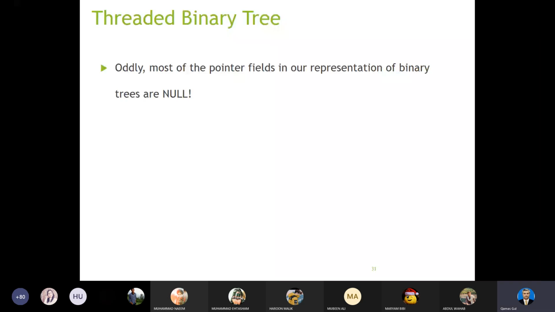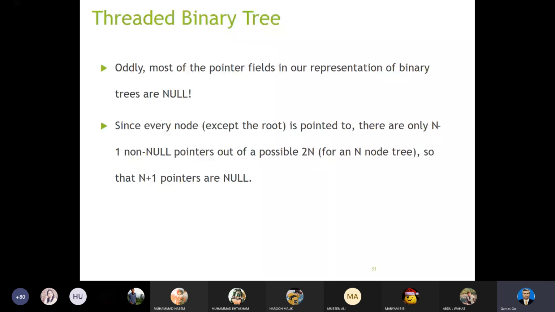Since every node except the root is pointed to, there are only n minus 1 non-null pointers out of possible 2n for an n node tree, so that n plus 1 pointers are null. So जो external links हैं आपके, जो कि n plus 1 है, और external nodes को जो point कर रहे हैं, और external nodes ही वो null nodes हैं जिनको null pointers की मदद से represent किया जा रहा है.